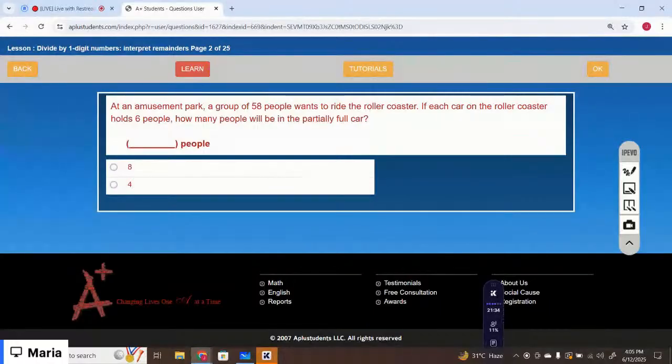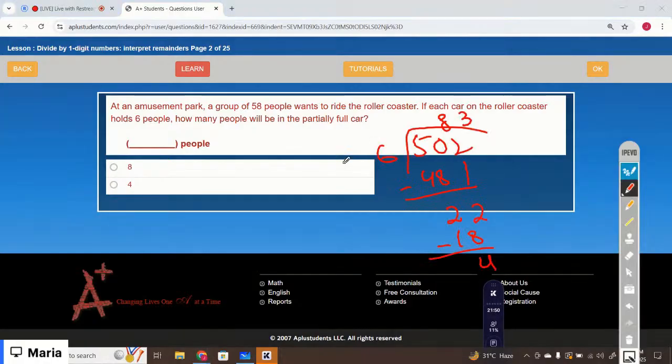If each car on the roller coaster holds 6 people, how many people will be in the partially full car? 58 divided by 6. 6 times 9 is 54.